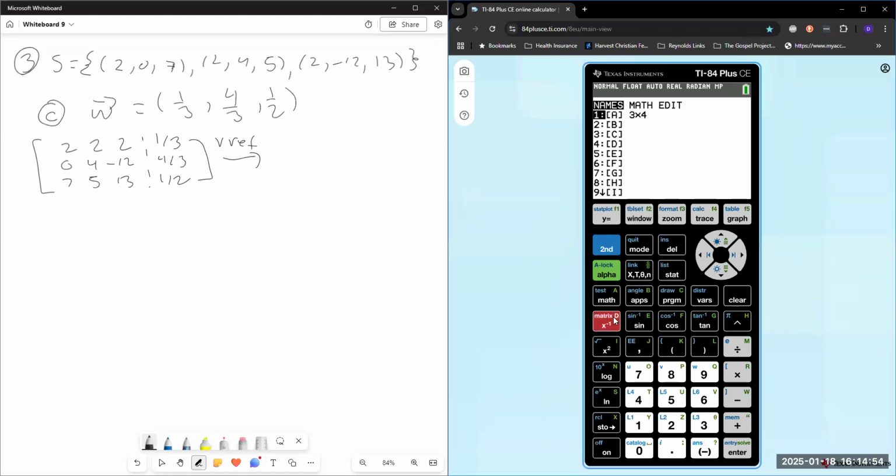Second matrix, edit. Come on over to my constants over here. This is 1/3, and this is 4/3. And this is 1/2.